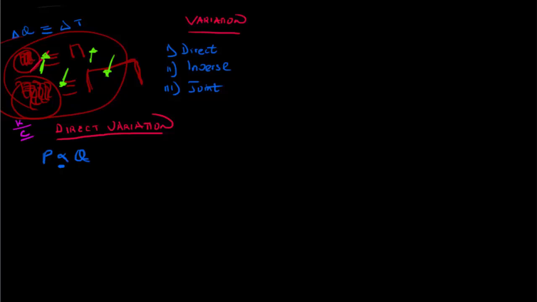I love K, so I'm going to use K in this instance. So introducing a constant and turning this into an equation, we have P = KQ. This gives us the relationship between P and Q. To understand this better, we need to solve an example.